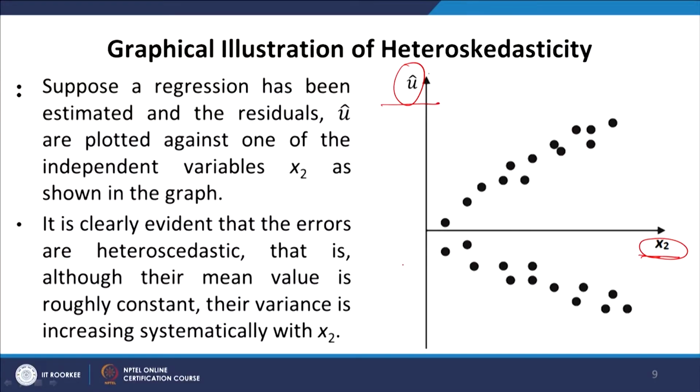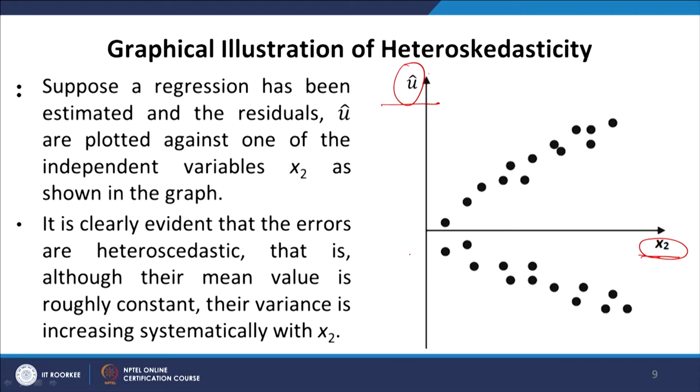So, suppose a regression has been estimated and the residuals u hat are plotted against one of the independent variables, x 2, as shown in the graph. It is clearly evident that the errors are heteroscedastic, that is, although their mean value is roughly constant, their variance is increasing systematically with x 2.